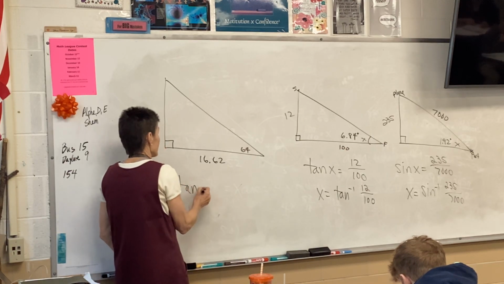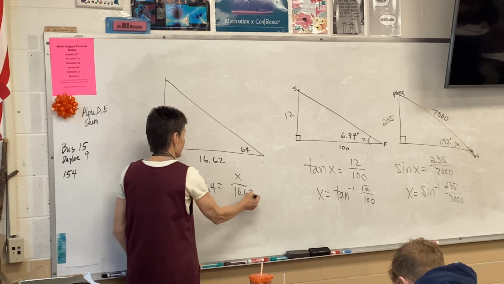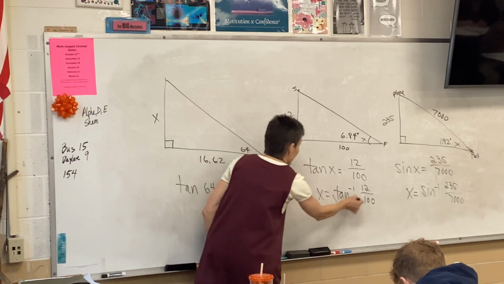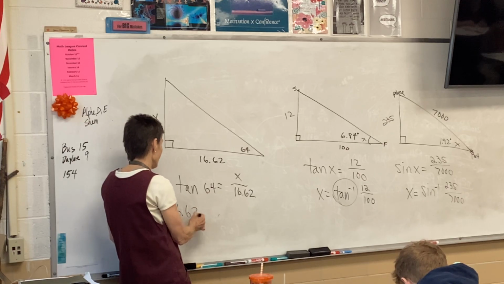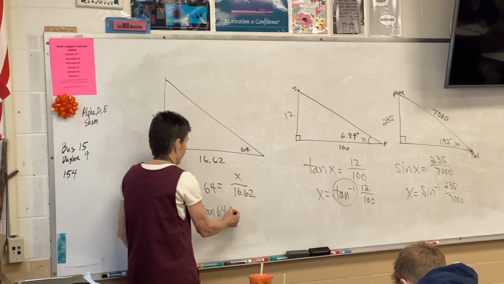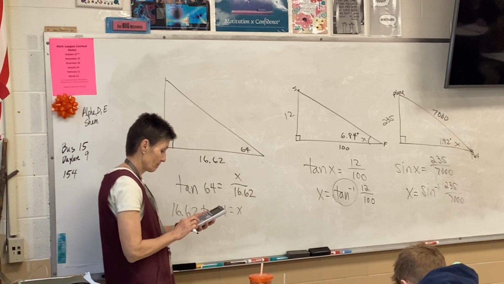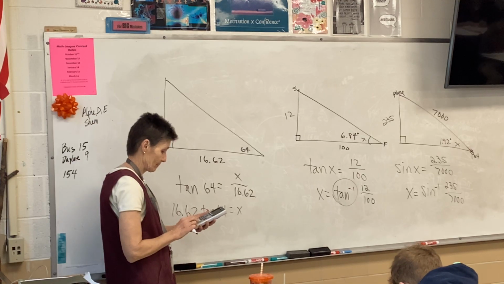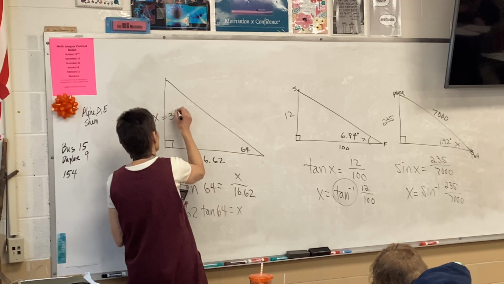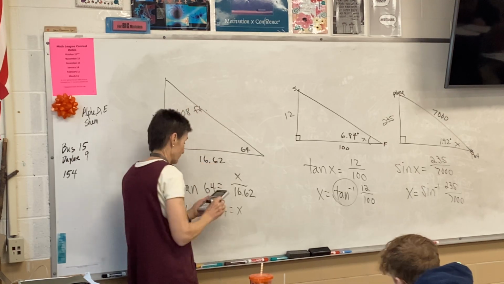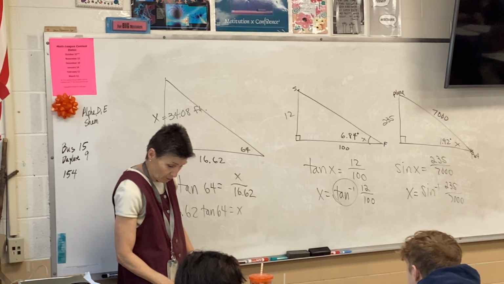So tangent 64 equals x over 16.62. Am I going to use this button this time? No way. We're going to multiply by 16.62. Type it in. And I got 34.08 feet. How high is the flagpole? 34.08.